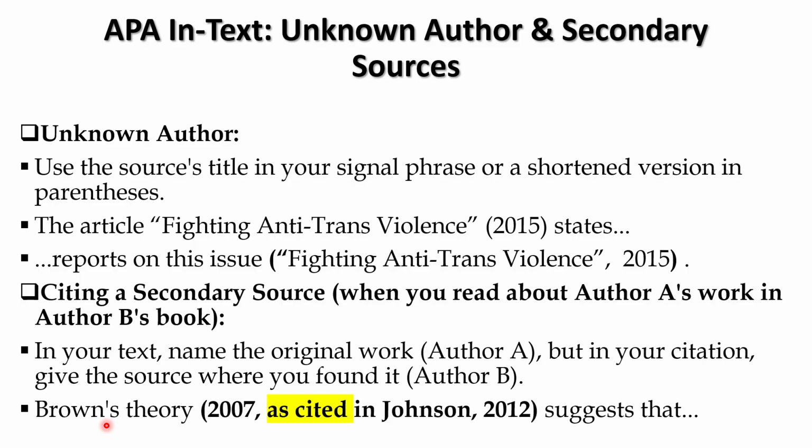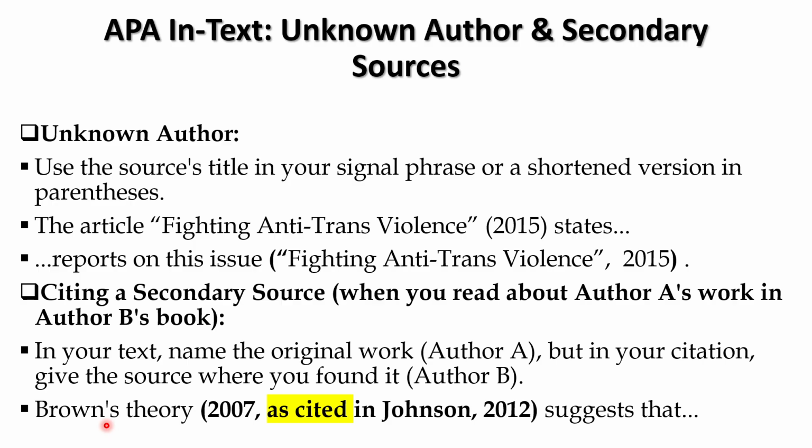Then you include the original year, which is 2007. You add the phrase "as cited in" to show you did not read the original. Then you cite the source you actually read, which is Johnson 2012. This tells your reader Brown said this in 2007, but I found this information in Johnson's 2012 book.